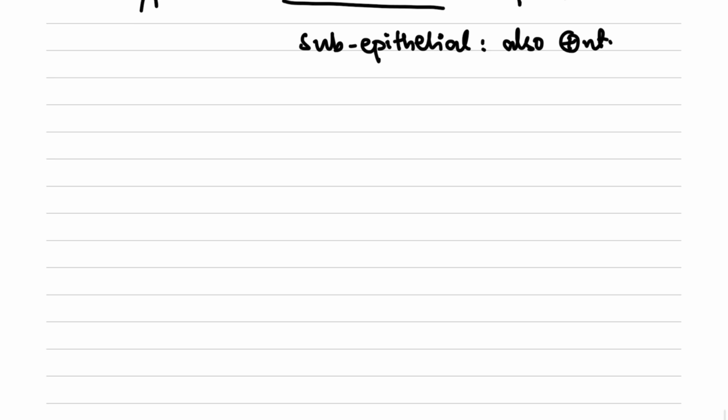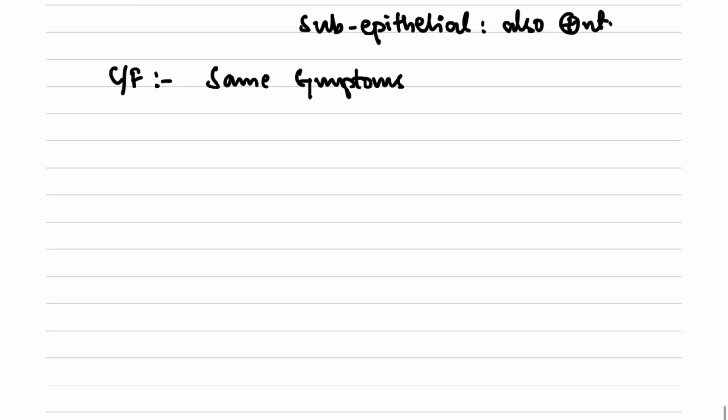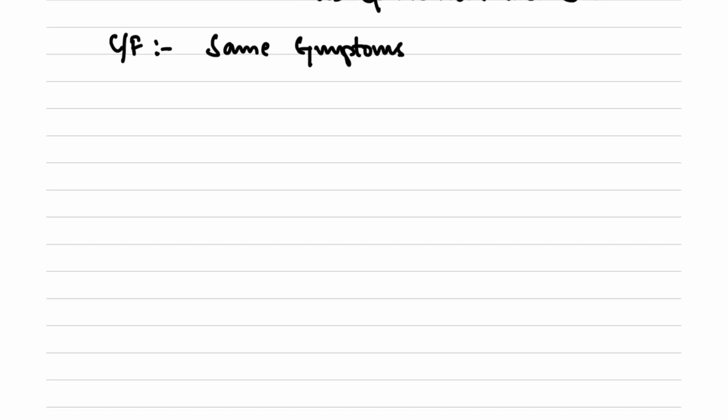Moving on to the clinical features of MPGN type 1. Clinical features are the same as nephrotic syndrome: proteinuria, hyperlipidemia, edema and everything. People suffering from MPGN, very few remissions occur. So the remission rate is very low.